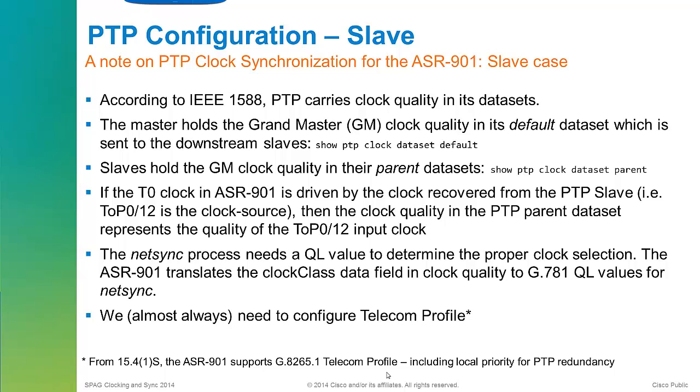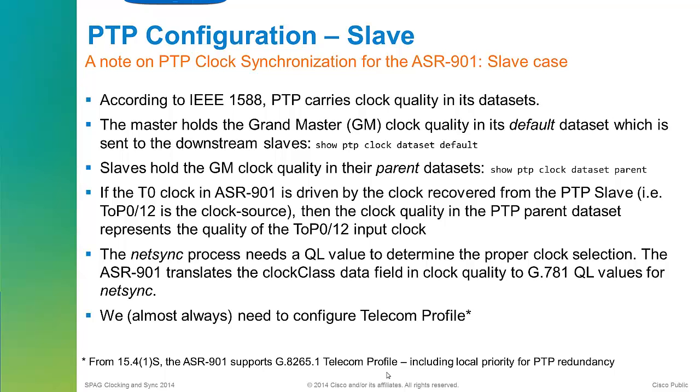So when a slave receives announce information from the master, it gets this data and keeps it in these data sets. So you can actually go and look at them. There's the default data set, and then there's a parent data set which you inherit from the master. We might cover that a bit more. We're thinking of doing a troubleshooting section where we would cover this a lot more.